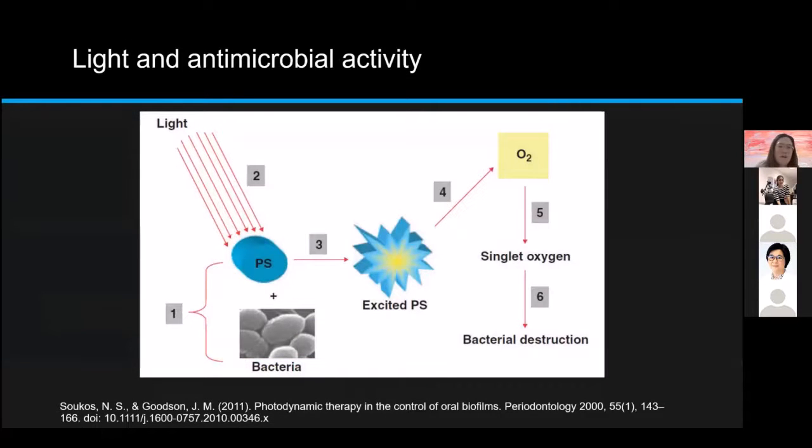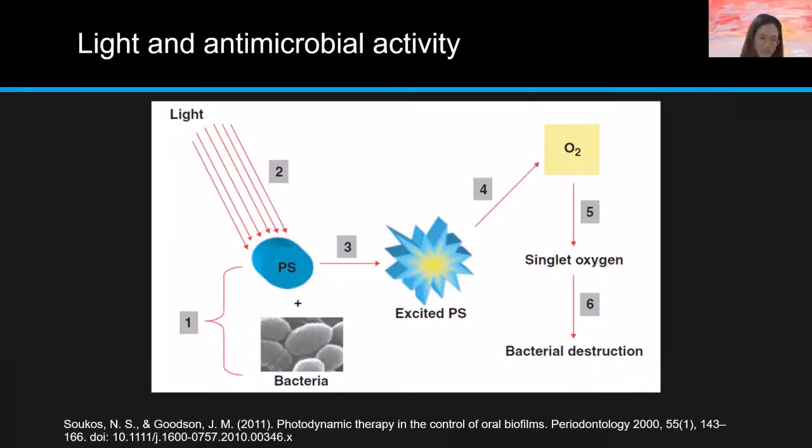Next is our discussion. The mechanism of bactericidal effect of light is based on the photosensitizer, or PS in this picture. It is the agent that can absorb the light. When the photosensitizer is activated by light with its preferable wavelength, the electrons are transferred to produce radical ions that react with the oxygen, resulting in cytotoxic species.